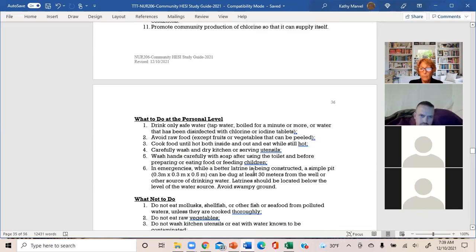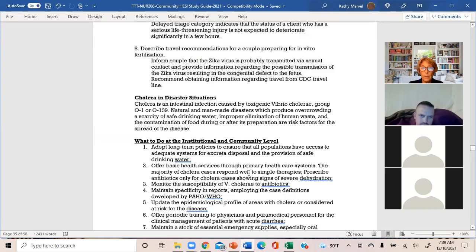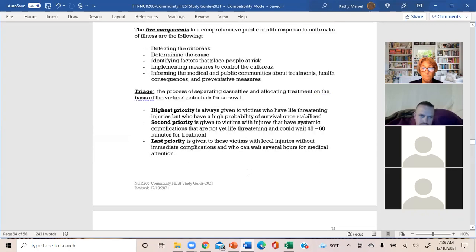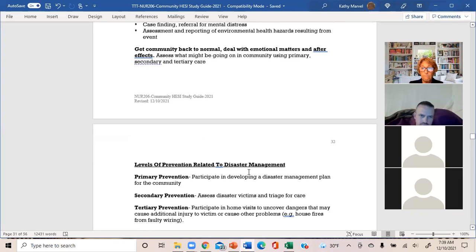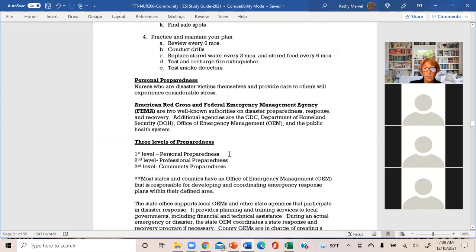What are the four stages of disaster management? Anybody know? Think of the nursing process. What's first? Evaluating what's the situation. Gosh, it's so hard when I don't have my notes right in front of me. Okay, the very first process is prevention. Right, very first process of disaster management is prevention.